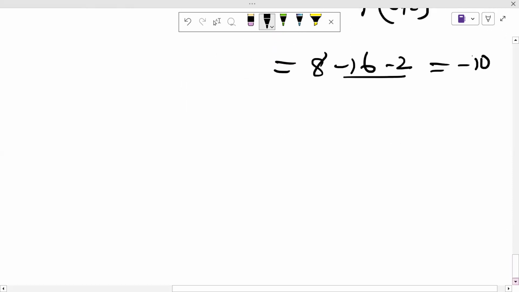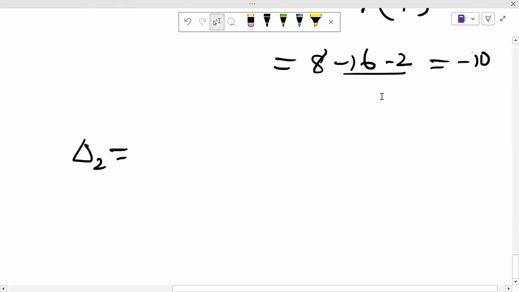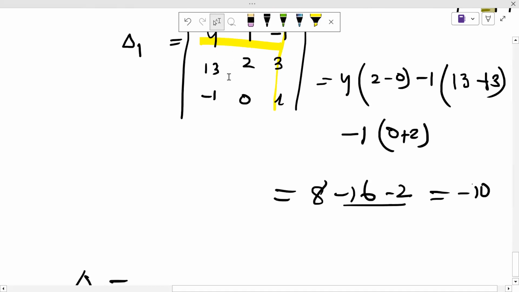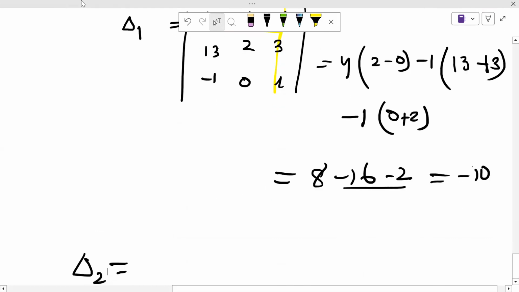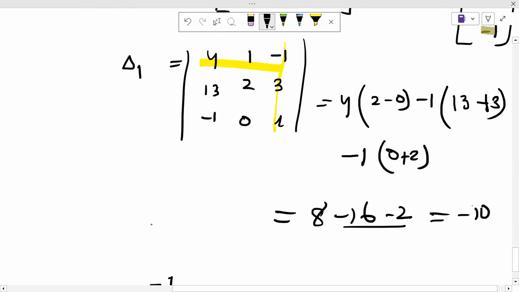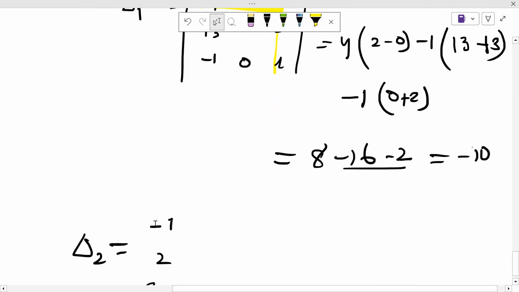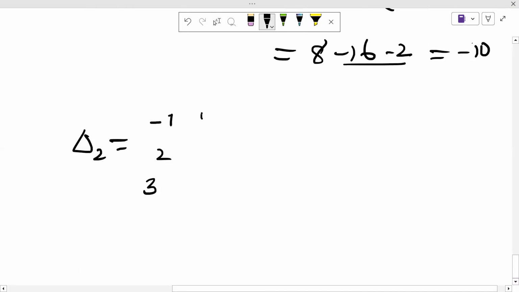Then what is the del 2? Similar process: the matrix is given, and just replace in this matrix. Minus 1, 2, 3 is fixed, because the x coefficient is constant, and replace the y coefficient 1, 2, 0 by 4, 13, minus 1. 1, 2, 3 is replaced by 4, 13 and minus 1.